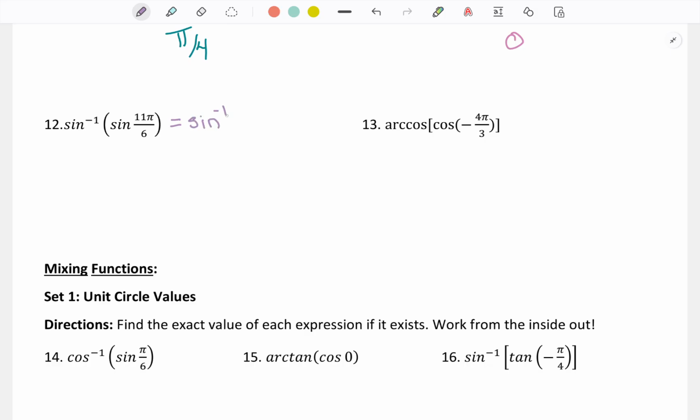So instead of 11 pi over 6, we could use the negative version of that angle on the unit circle, which is negative pi over 6. These also, of course, since they are coterminal angles, will have the same function value. So that's negative pi over 6.